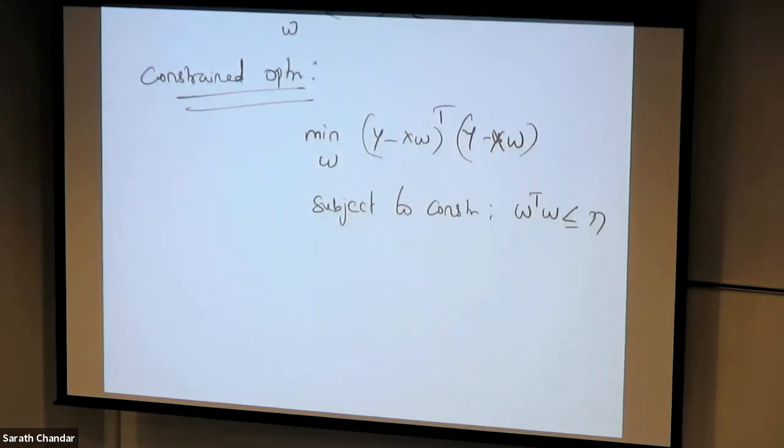Okay, now can someone tell me, in 2D, what is this equation? W transpose W is less than or equal to some constant. In 2D there are two parameters, right?